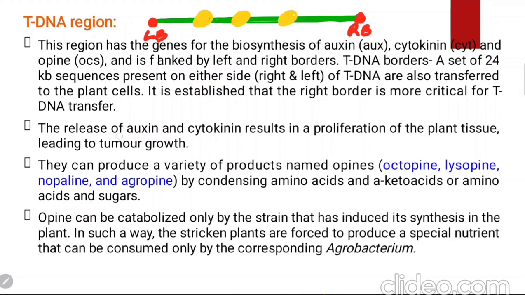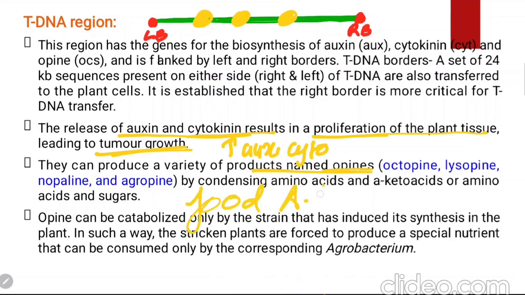This auxin and cytokinin result in proliferation of the plant tissue, causing tumor-like growth, as there will be an increase in the auxin and cytokinin level of the plant. And the opine acts as the food for Agrobacterium tumefaciens. These may be amino acid with keto acid or amino acid with sugar.